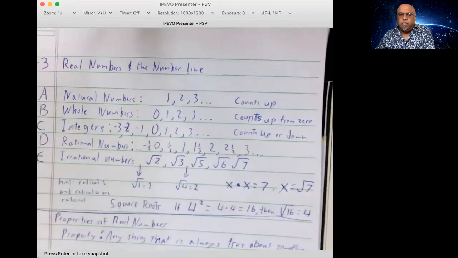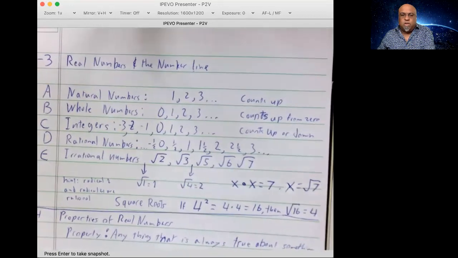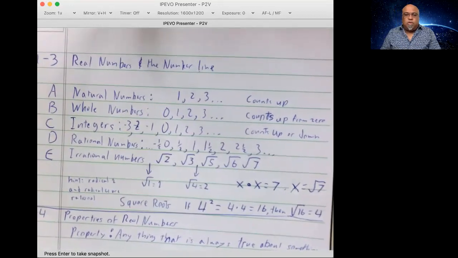Now, irrational numbers are kind of by definition. Well, okay, the book definition says an irrational number is a quotient of 2 integers.